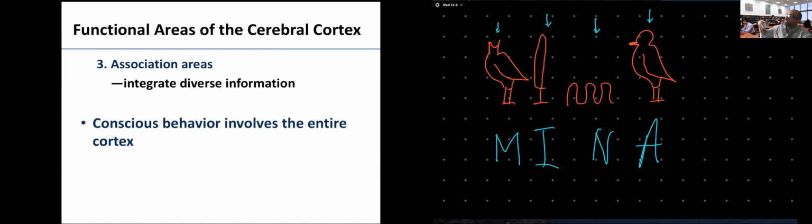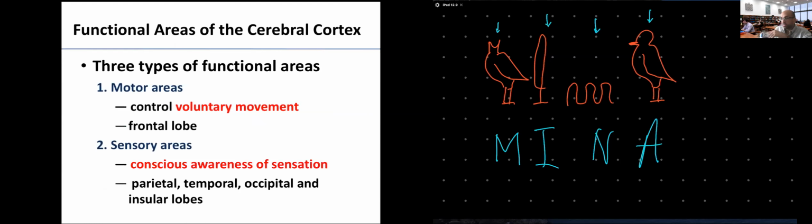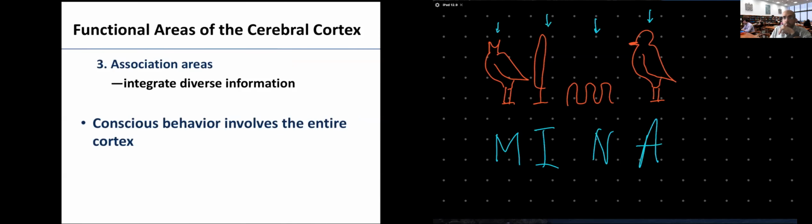So whenever you see it again, what's going to happen? You get the sensation through the visual sensory area, but the association area will integrate the sensations that you just received with the memory that you have built now.